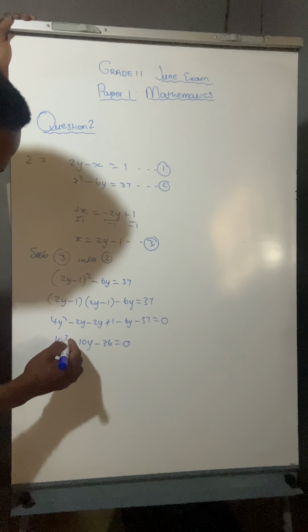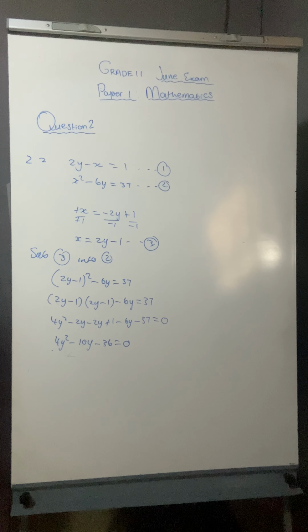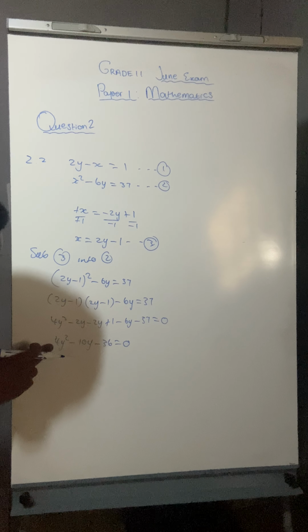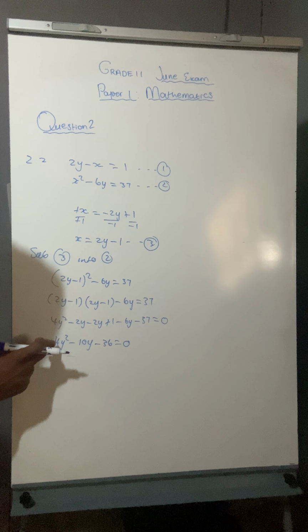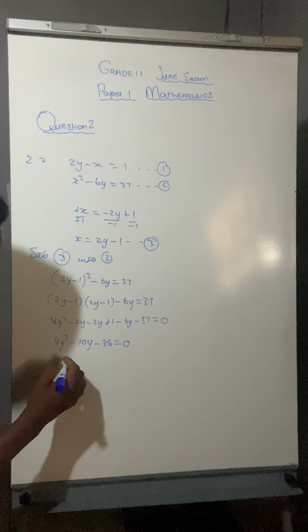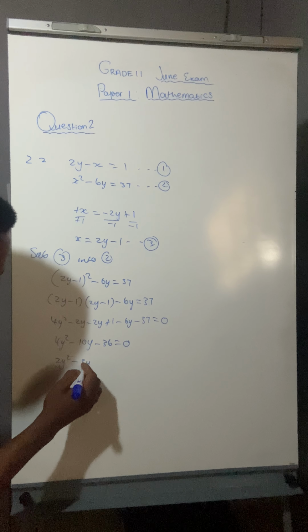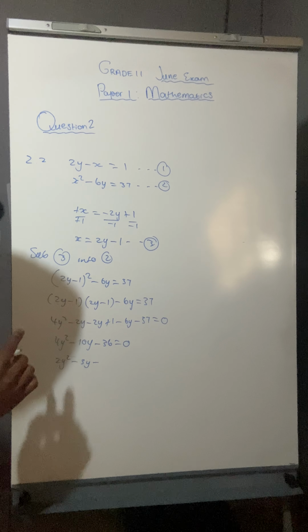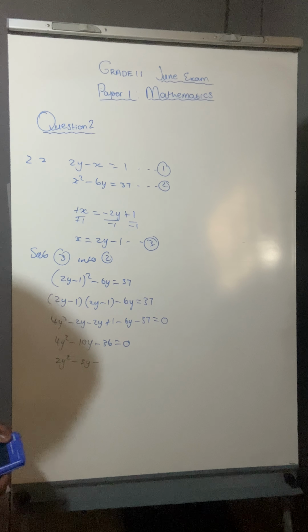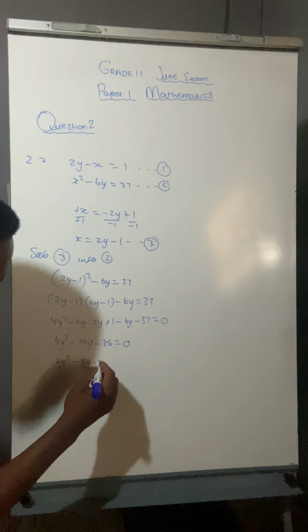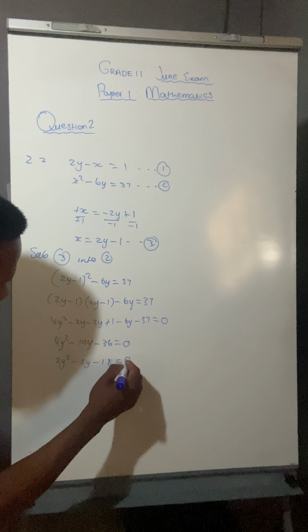Then 1 minus 37 is negative 36, equals 0. Therefore you divide by 2, because 2 is divisible into 4, 10 and 36. So it will be 2y squared minus 5y, minus 36 divided by 2, which is 18, equals 0.